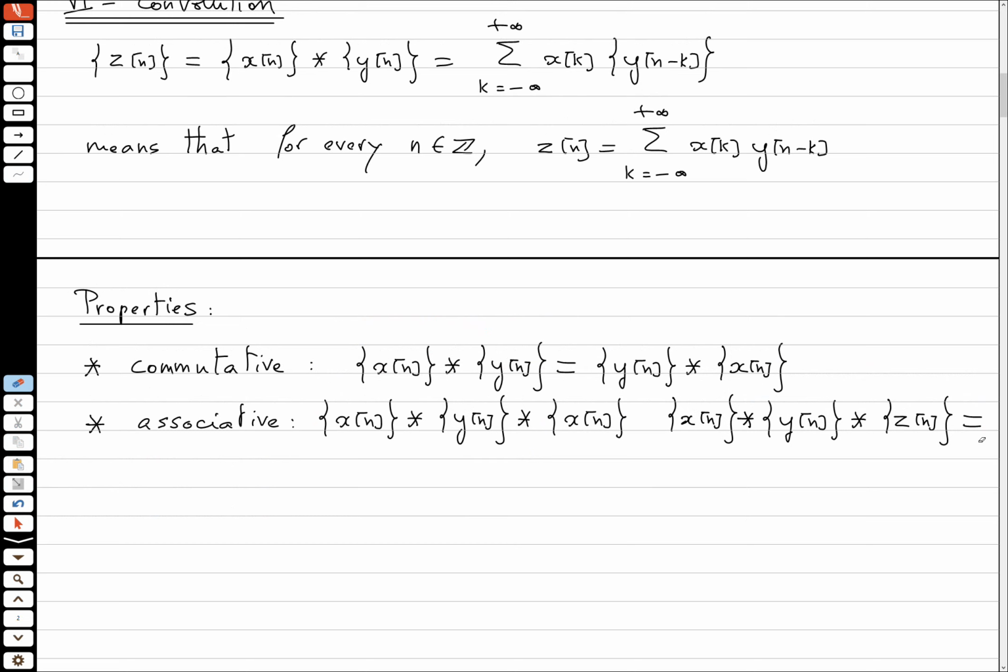When you have three sequences, you have to convolve them in some order.